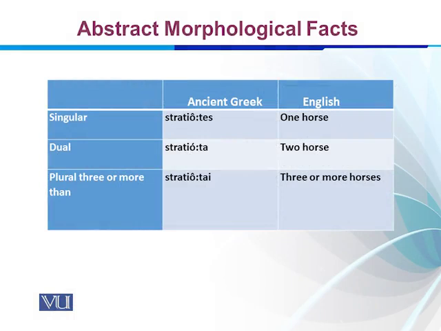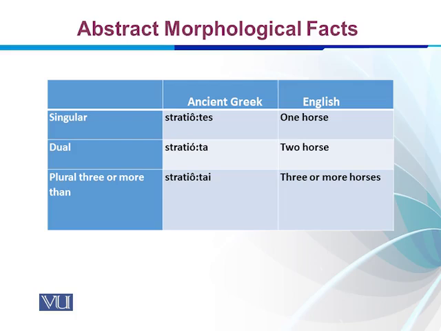But if we take the example of the old ancient Greek language, in ancient Greek we have one word for one, another word for two objects, two things, and for three and more we have another word. For example, you can look at these, they are difficult to pronounce, right? It's ancient Greek, but from the translation you can understand one horse, two horses, and three or more horses, right?